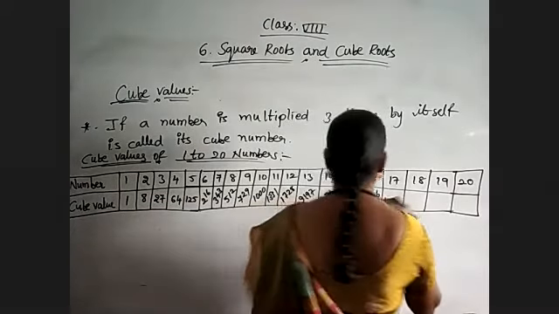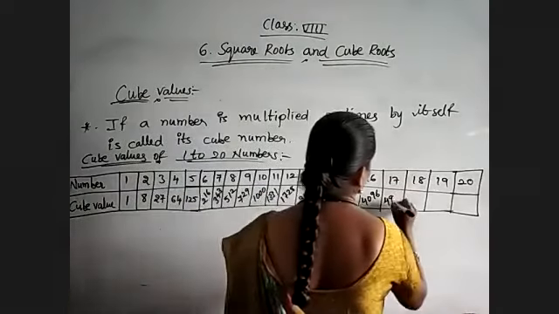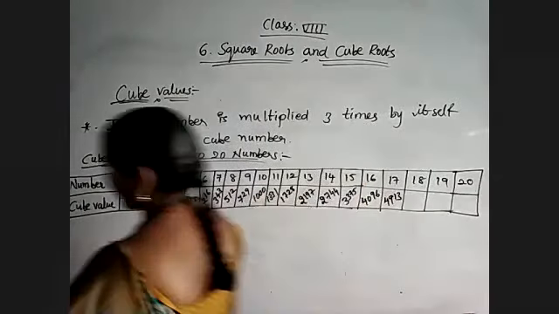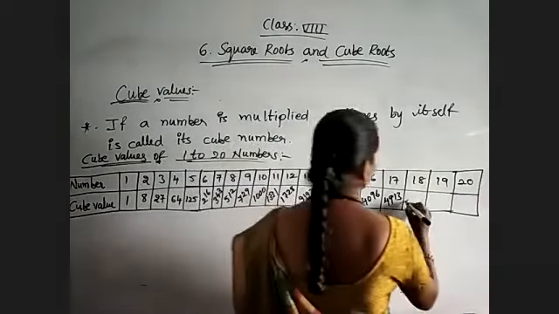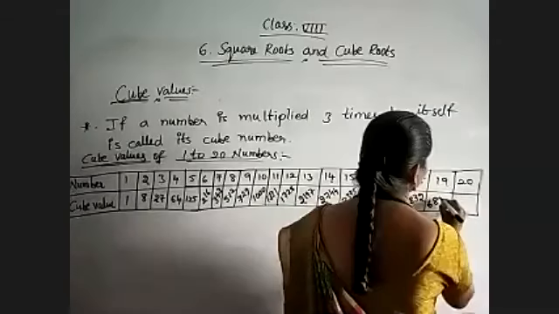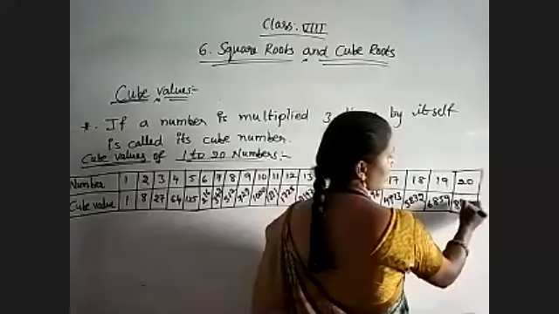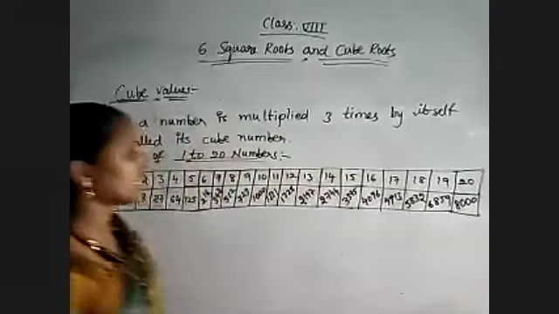And here 17 is 4913, 5832 is 18 cube, and 19 cube is 6859, and 2 cube is 8, 3 zeros are there, 20 cube is equal to 8000.